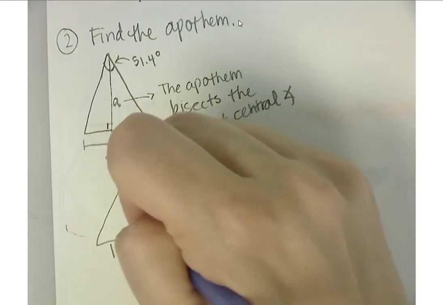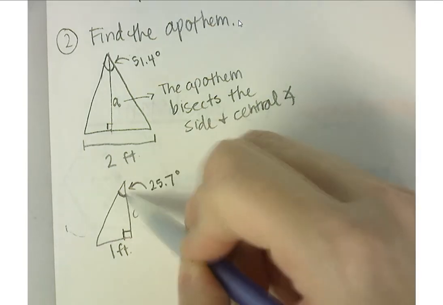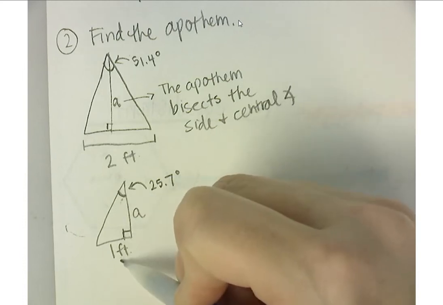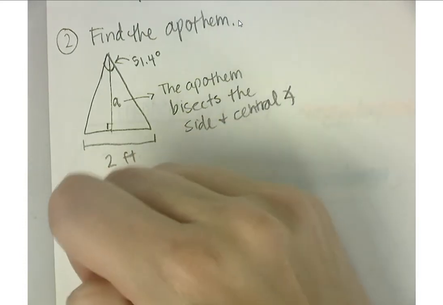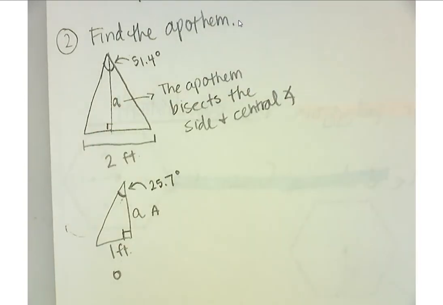Now, if I want to find A, what could I use? I could use SOHCAHTOA, right? What part of that? The tangent. Because I have an angle, and the relationship between this angle and this side is opposite, and this side is the adjacent.